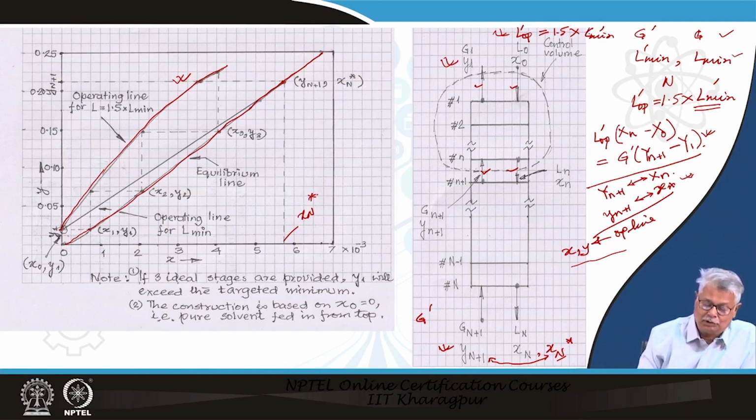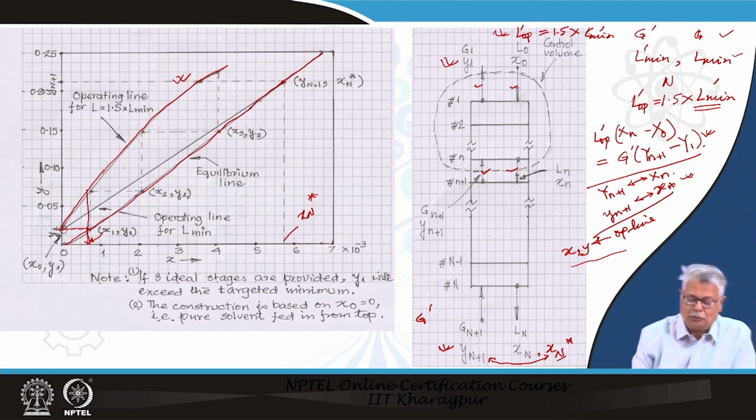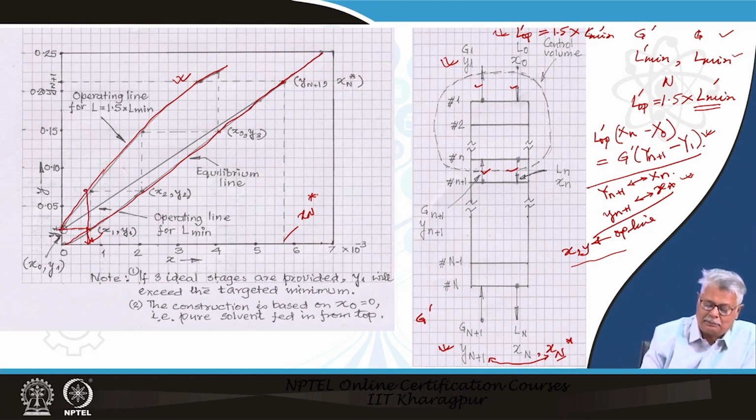Now if we move here, corresponding to y1 we have the corresponding composition of the liquid phase. So this has the composition x1, and if I go up, we will find another operating point in the next stage, and we keep on moving like this.